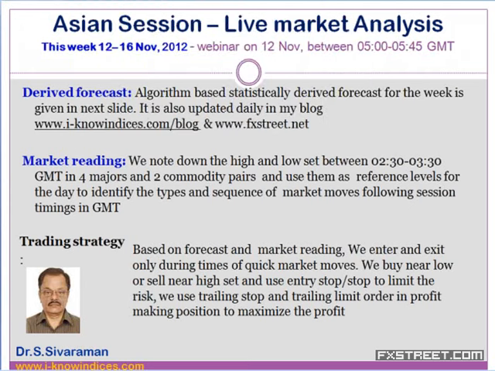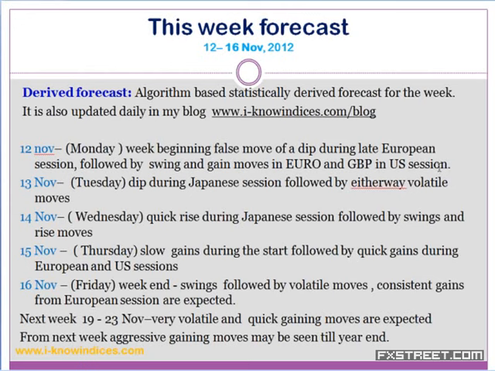Today the week beginning false move is expected during the late European session, followed by swing and gain moves during the US session, even though it is a holiday in the US, and they are expected to gain the level slowly today. And tomorrow, 13th of November, a dip is expected during the Japanese session, followed by either way volatile moves.